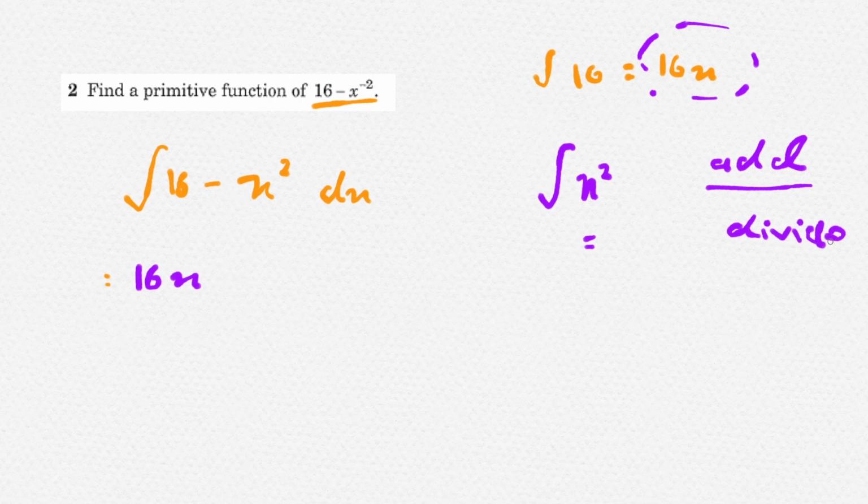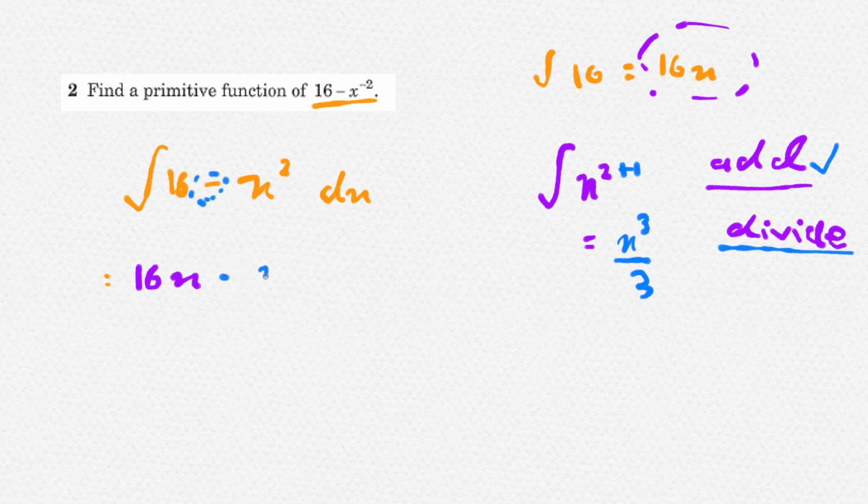That is our addition part done for this question. Next, we must divide. So, since our new power is 3, dividing it will give us x to the power of 3 and then divide it by 3. So our integration of x squared is x cubed divided by 3.